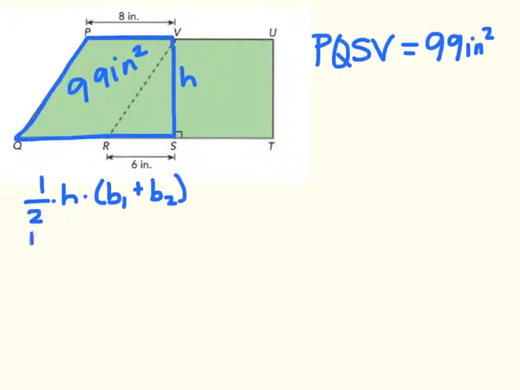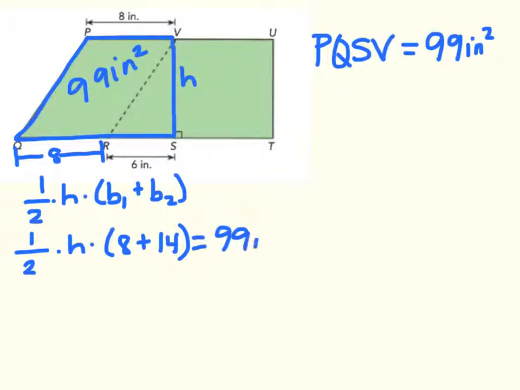Let's substitute what we know. 1/2 times the height times b sub 1, which is 8 inches, plus b sub 2, which we can figure out because this line length is also 8 inches. It's the same as the other side of the parallelogram. So we take 8 plus 6 to get 14. That's our b sub 2, and that's going to equal 99 inches squared.